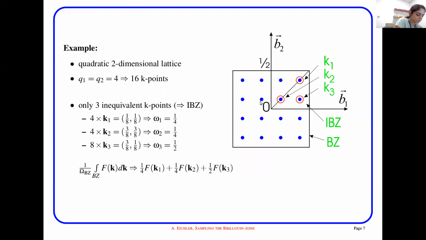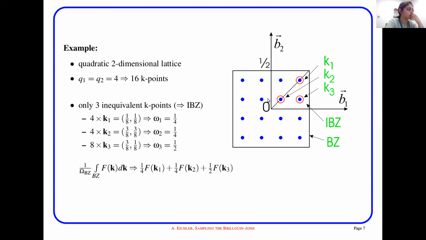Just to explain, if you have a two-dimensional lattice with reciprocal lattice vectors b1 and b2, and you set 4 and 4 as the input parameter, then what this package is doing is checking whether there is any symmetry.